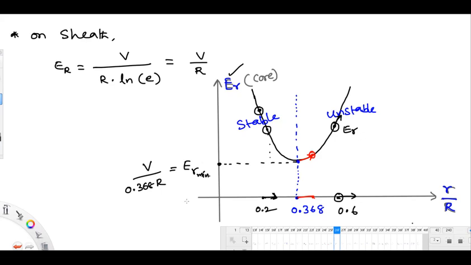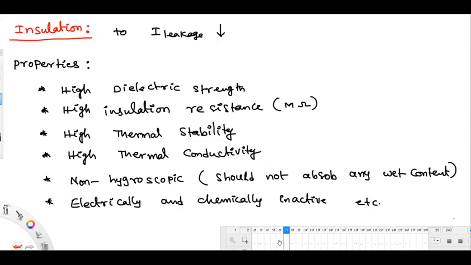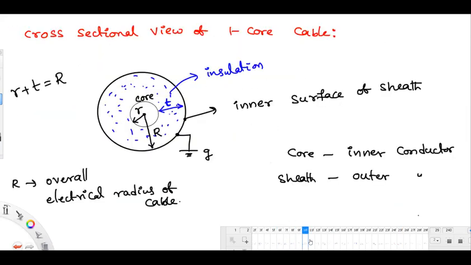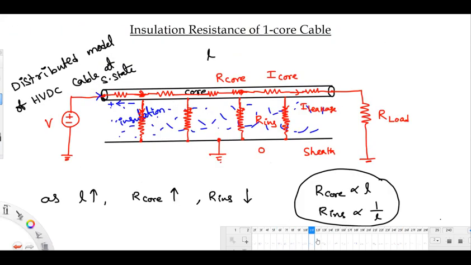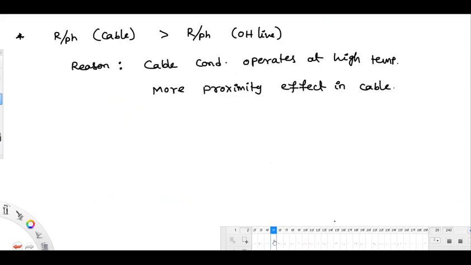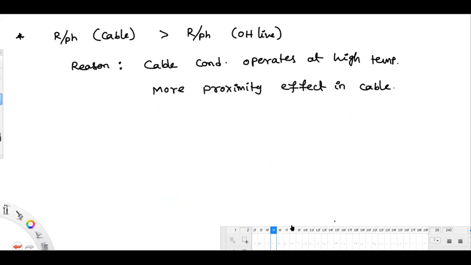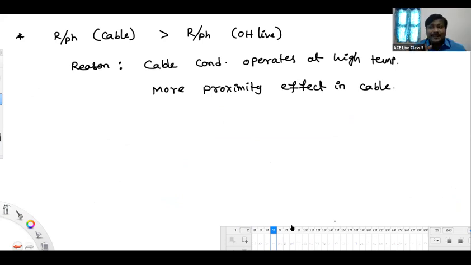Sir, in the first part where we explained that the R phase of the cable is greater than that of the... Tell me, what's your doubt? Sir, when temperature increases, you did mention that the resistance of the cable will increase. It is increasing, but if you increase the temperature, wouldn't the material expand, no, sir? I'm talking about core resistance. You are talking about thermal expansion.